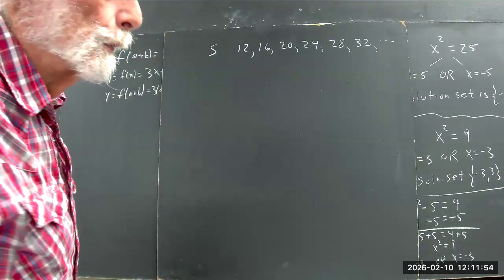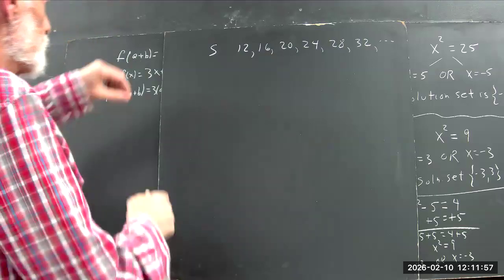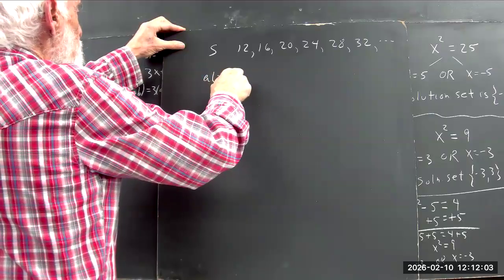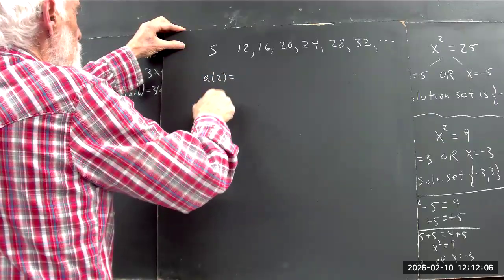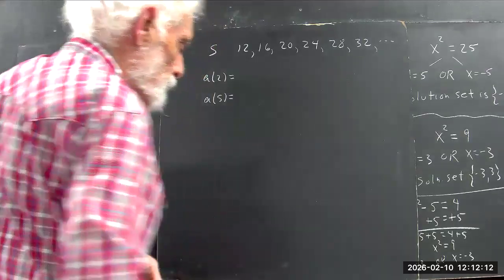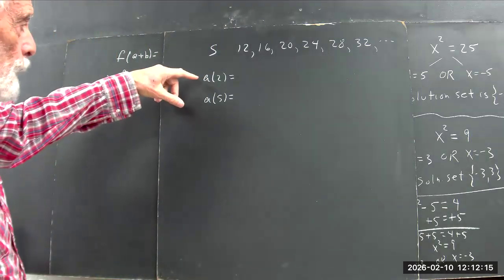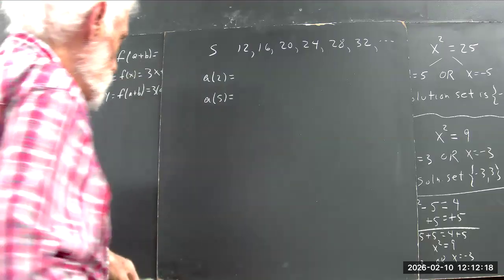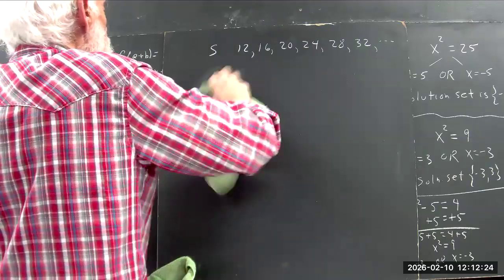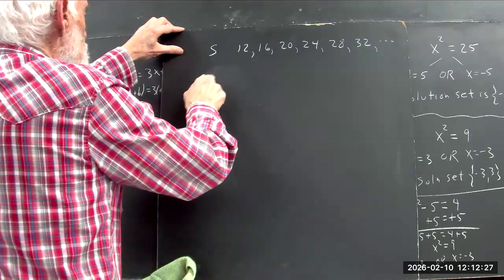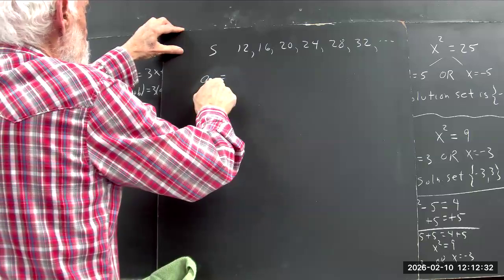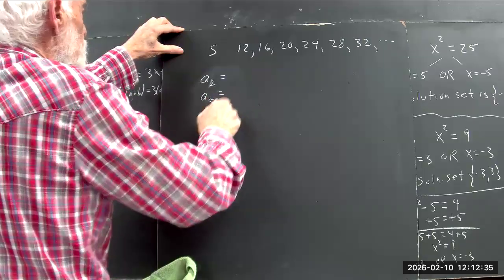Here's a sequence, a pretty obvious sequence. So jot down that sequence and then tell me what's A of 2 and what's A of 5. A sub 2, A sub 5 equals.